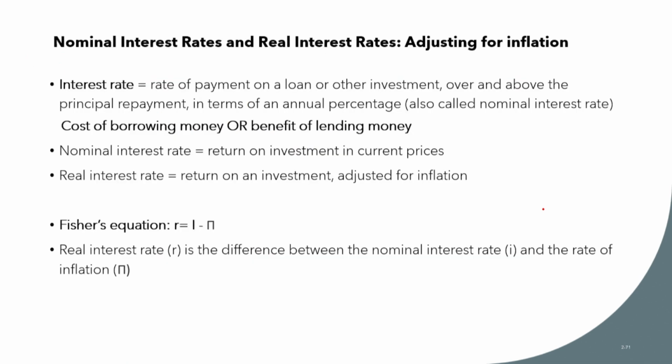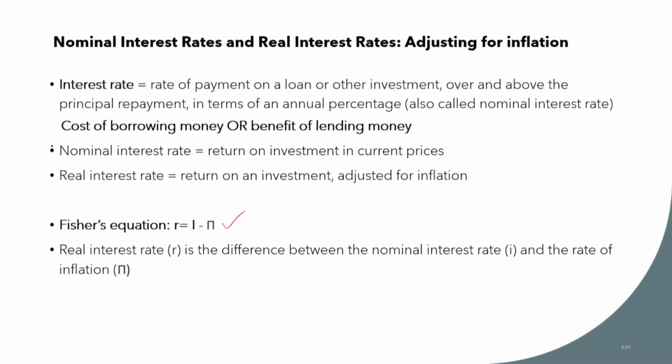And one of the uses of measuring inflation is that using this we can calculate nominal interest rates and real interest rates, because every year what we calculate is the nominal interest rate. It can be adjusted for inflation, and this is the formula used for that.